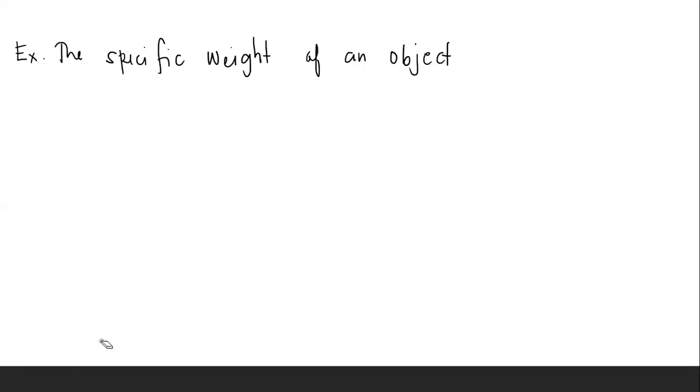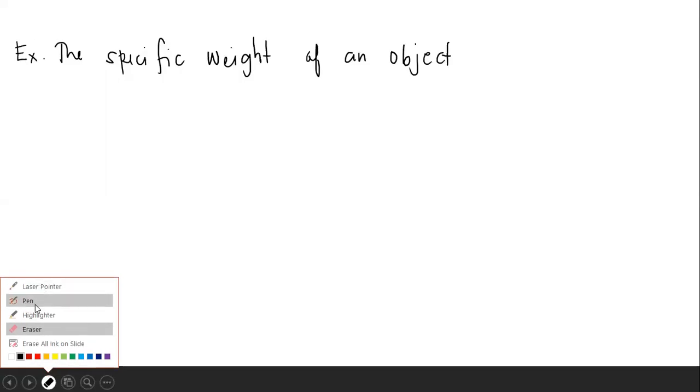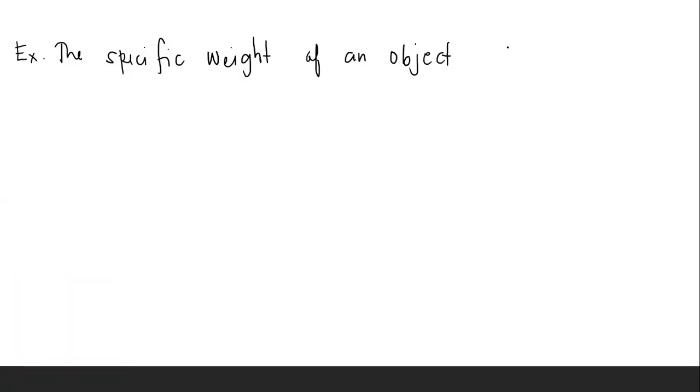The specific weight of an object is 5.8 kilonewton per cubic meter.